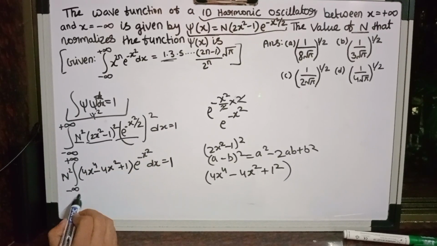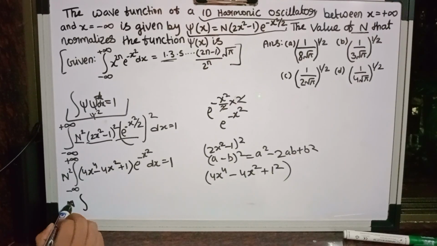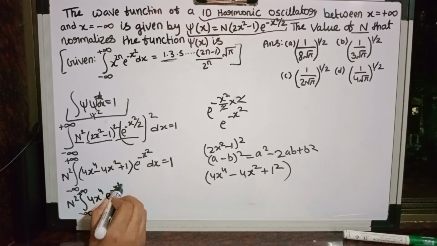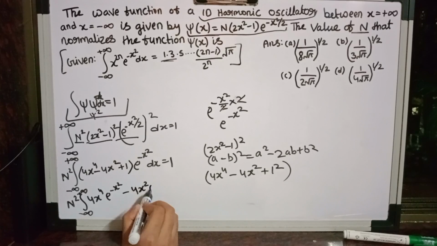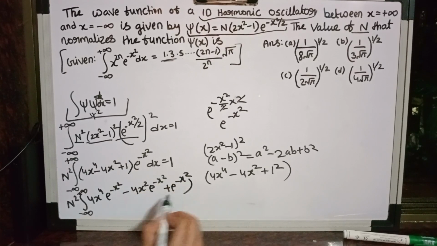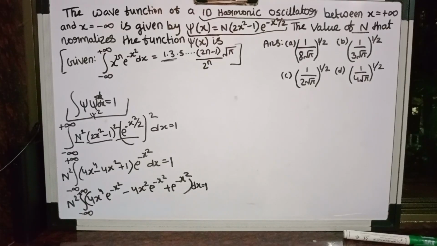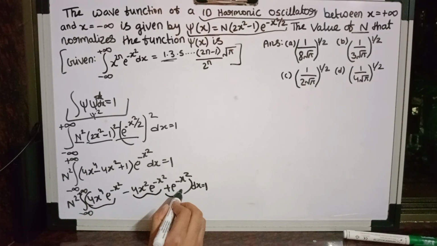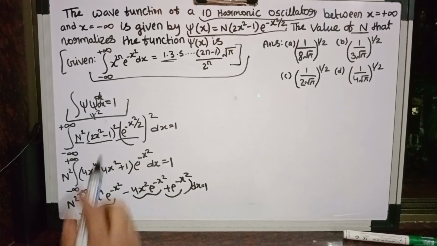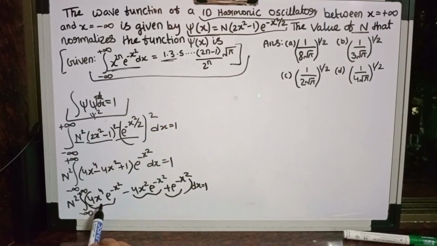Now after multiplying e^(−x²) with all of this, we are going to get this equation. Okay, so now look at this integration and compare it with the given information to us. Now, do we see some similarity? Yes, we do see some similarity.